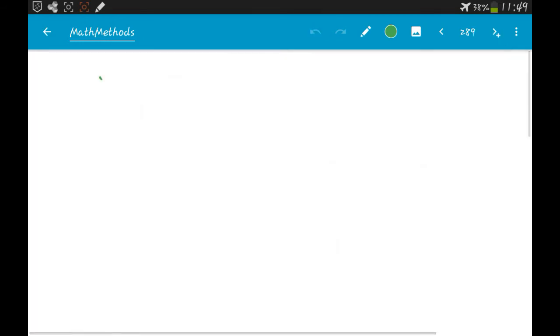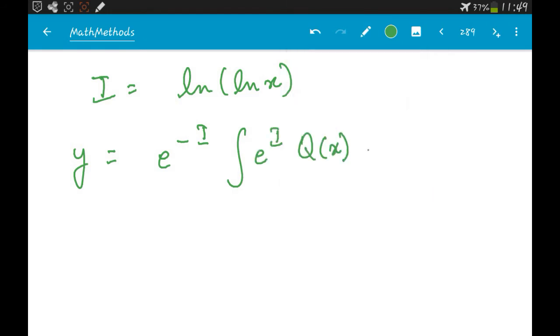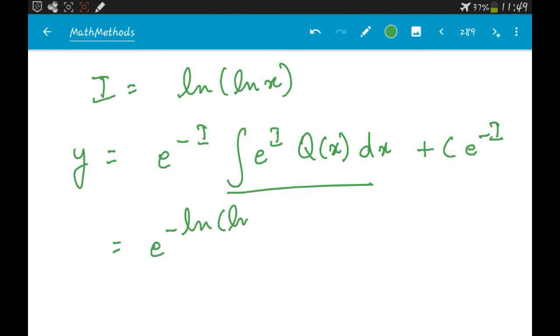So the integrating factor is ln of ln x, and y is given by e power minus I, integral of e power I times q of x dx, plus c times e power minus I. So all you have to do now is substitute for all of these and then calculate this integral. So you'll get e power minus ln of ln x, integration of e power ln of ln x, and what is q of x?